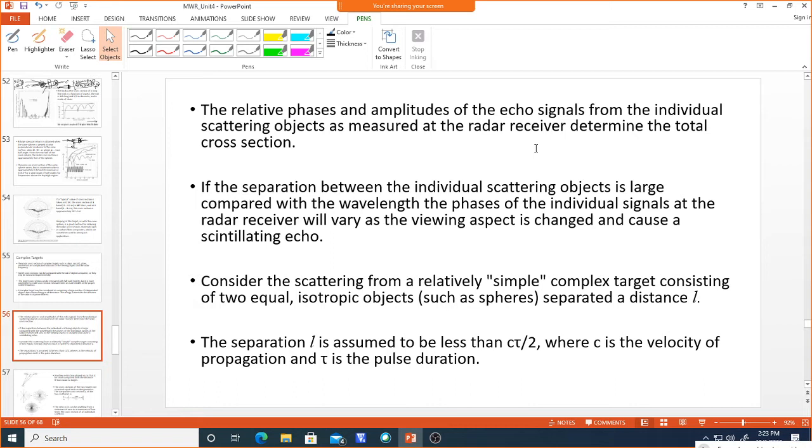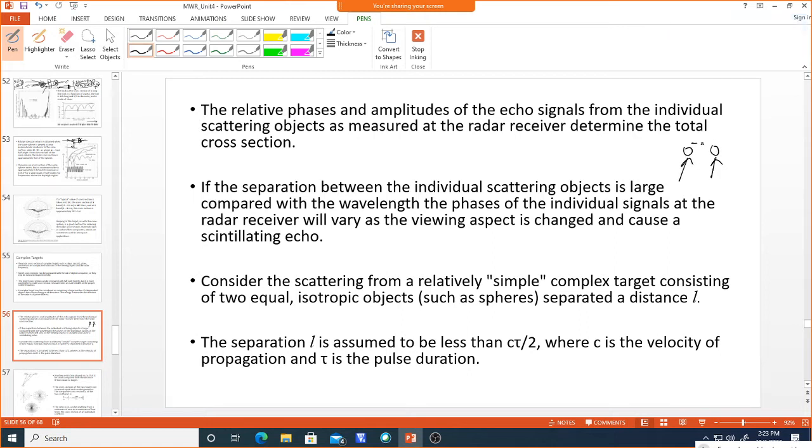So now if the separation between individual scattering objects is large compared with the wavelength, then the phases of individual signals at the radar receiver will vary as the viewing aspect is changed, and this causes scintillation echo. That means, say you have two individual objects and you are measuring the RCS.